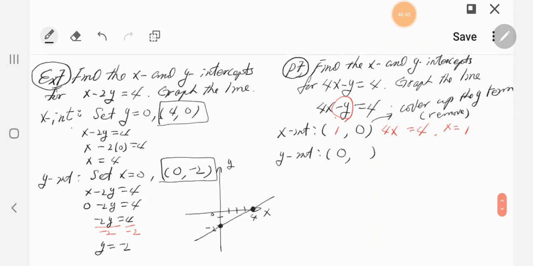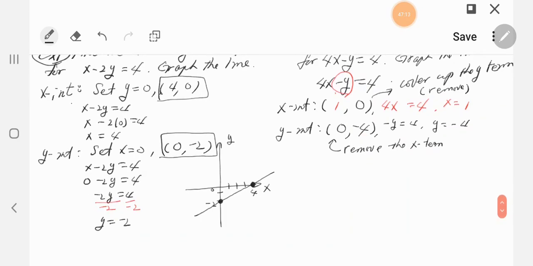That means remove the x term, because it is equal to 0, right? Remove the x term, then we have negative y is equal to 4. So y is equal to -4. So the y-intercept is when x equals 0, y is -4. And then plot this point.